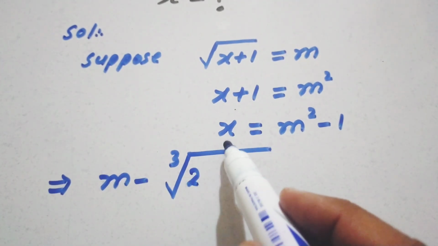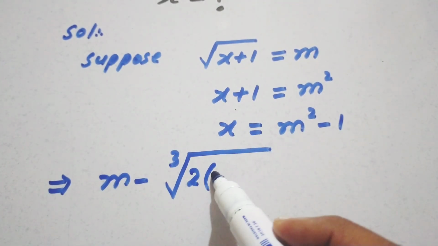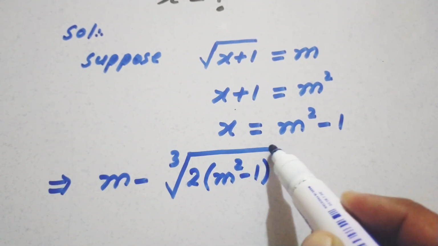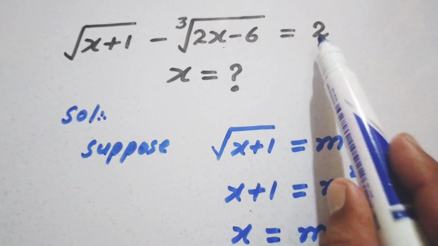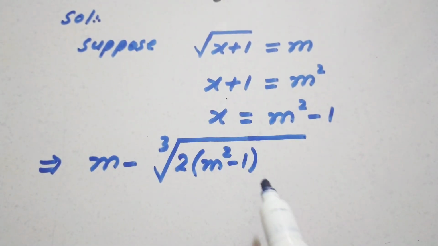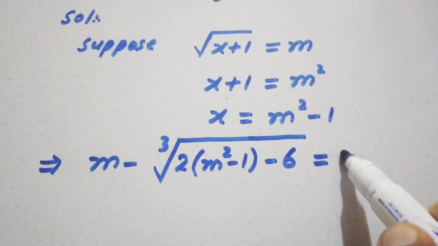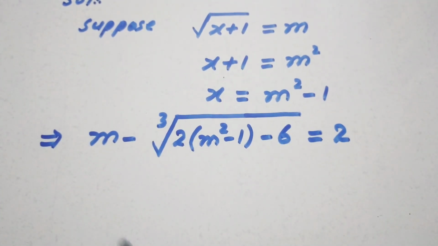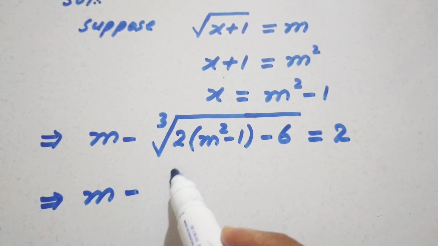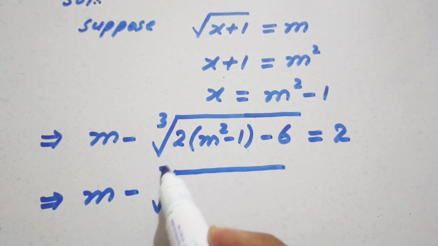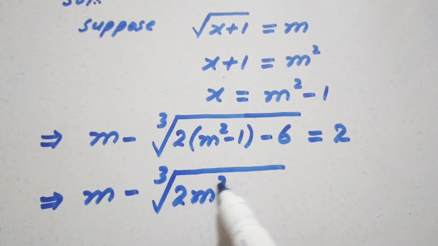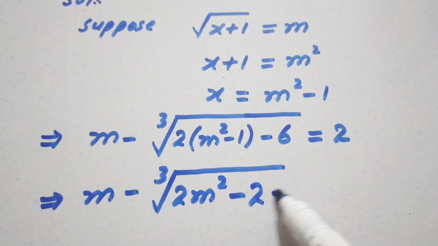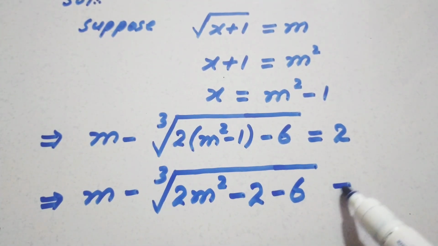Here, for x, we will write the value of x, which is m squared minus 1, and minus 6 is equal to 2. Now m minus cube root of, here 2 multiplied by m squared gives us 2m squared, minus 2 times 1 is 2, minus 6 is equal to 2.